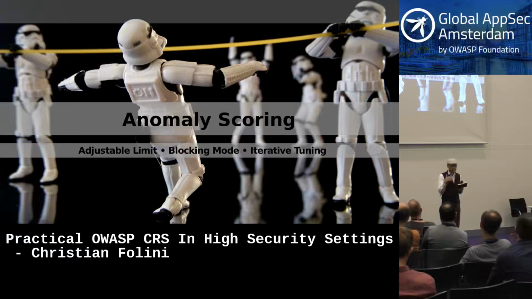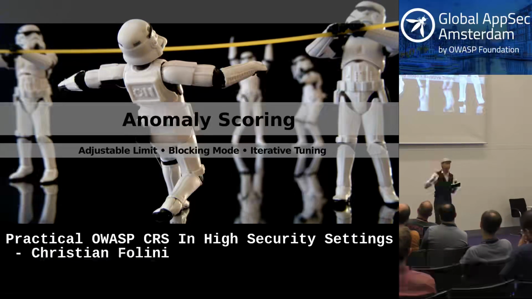And this allows us to start in blocking mode immediately without ever blocking. We just put the threshold extremely high, and no user is ever going that high, and then we see what happens. And then we tune away the false positives and bring down the anomaly threshold or limit to more and more reasonable levels.